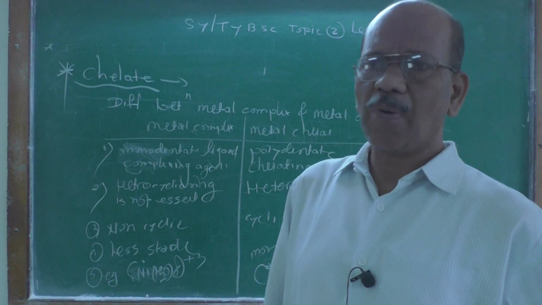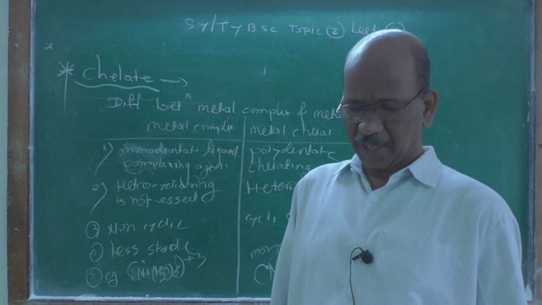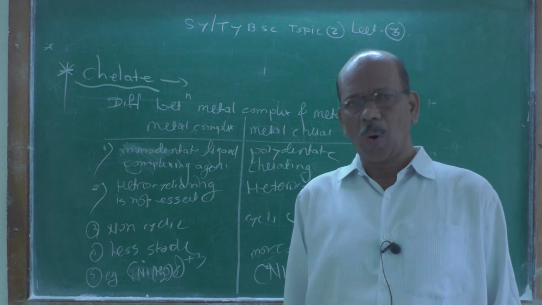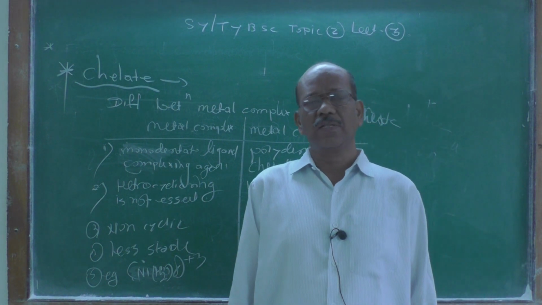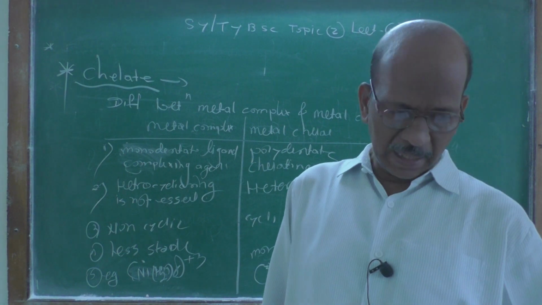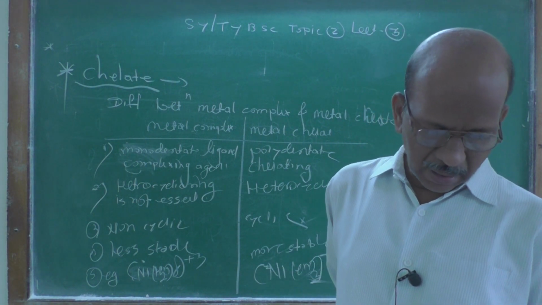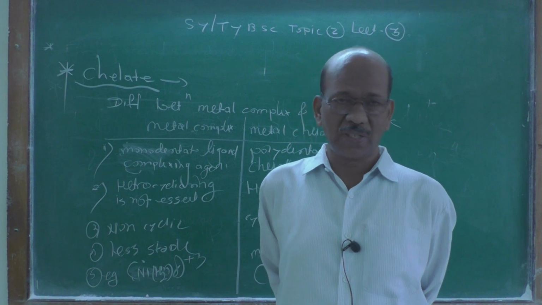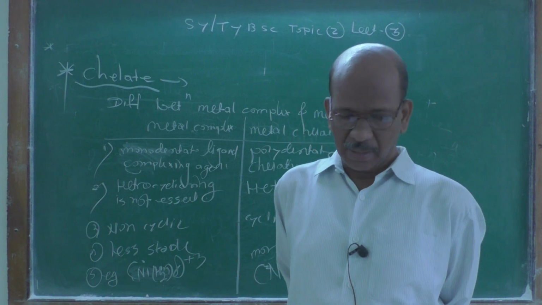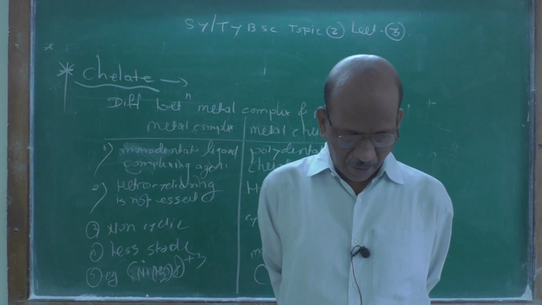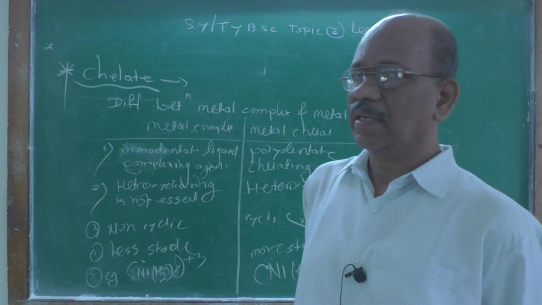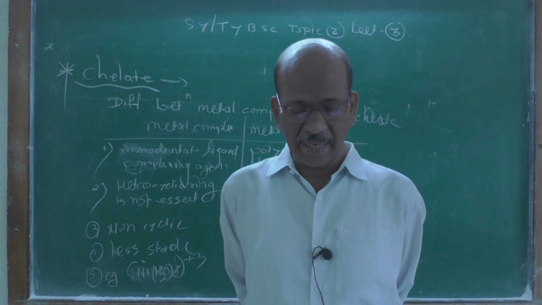So I have started with bond, chemical bond, definition of bond, then ionic bond, covalent bond, coordinate bond, then double salt, complex salt, differentiation between double salt and complex salt, then coordination chemistry, coordination compound, then complex ion, central metal atom or ion, central metal, then next point ligand, types of ligand based on charges: neutral ligand, positive ligand and negative ligand.